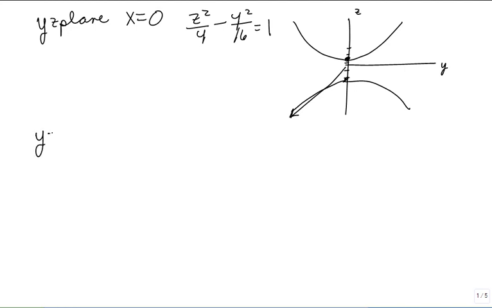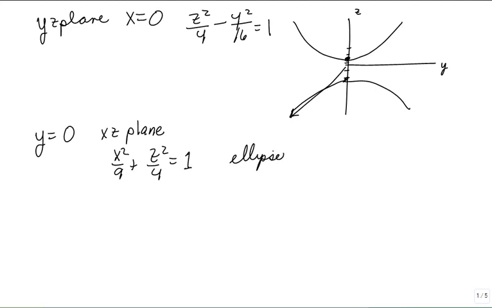And then when y equals 0, that's the xz plane. And we get x squared over 9 plus z squared over 4 equals 1. And those are ellipses. So we have two hyperbolas and an ellipse. And for the ellipse, on the x-axis, we're going to go 3. And z is 2. So they're going to go like that.